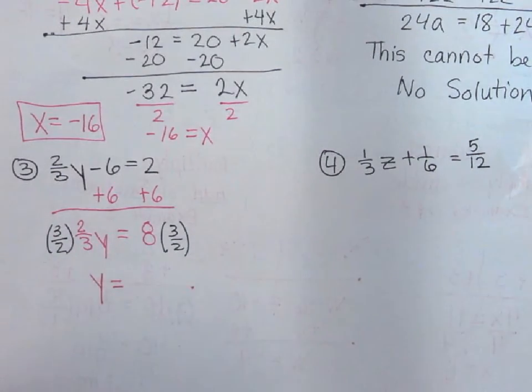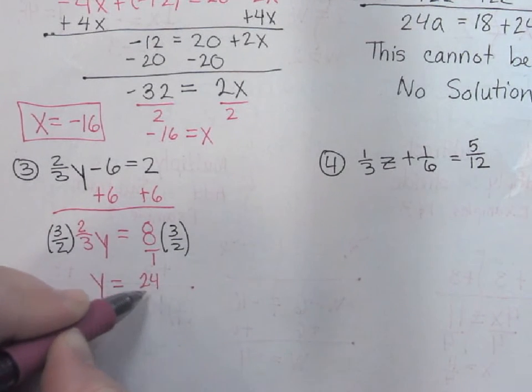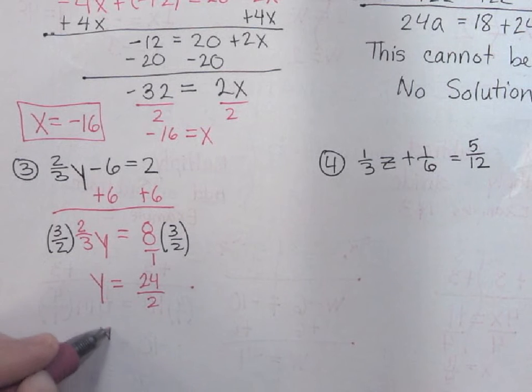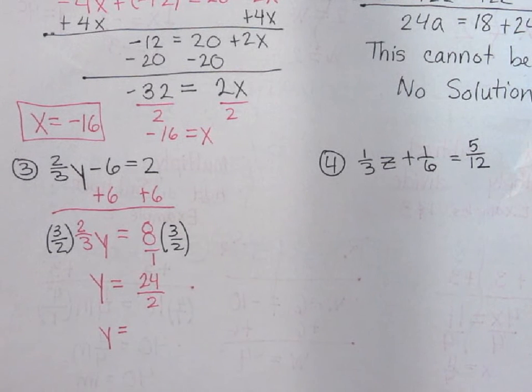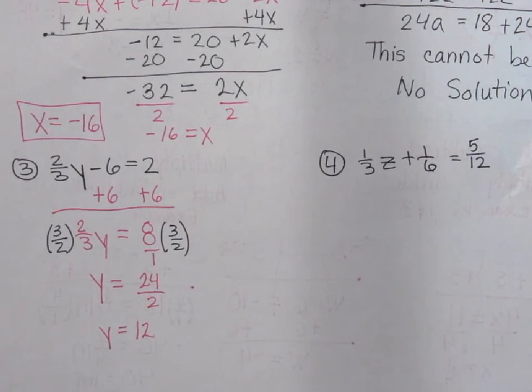How do I do a whole number times a fraction? Put 1 below. Okay, I put the whole number over 1, and then I multiply. 24 over 2, or y is equal to, nope, divide. 24 divided by 2. 12. Alright, good.